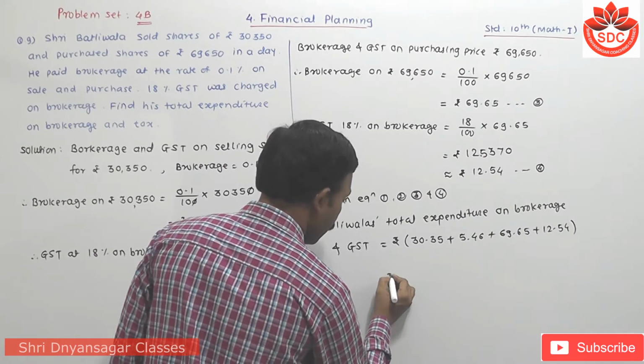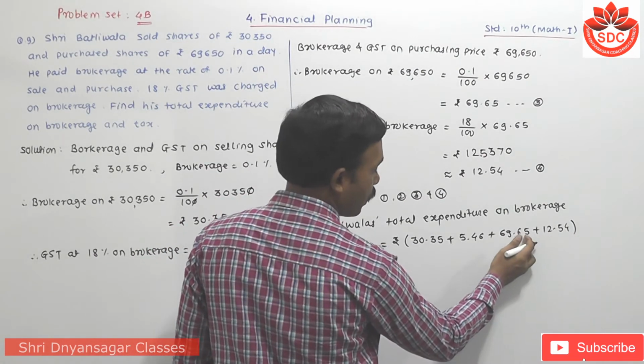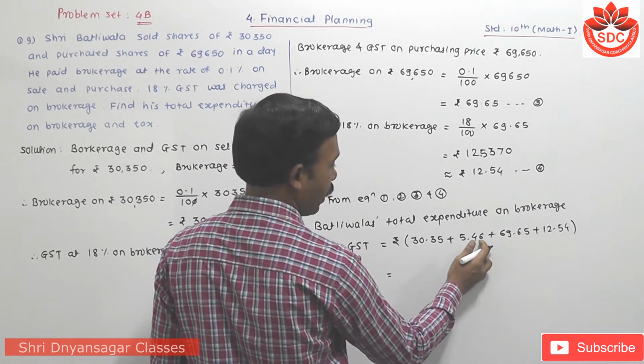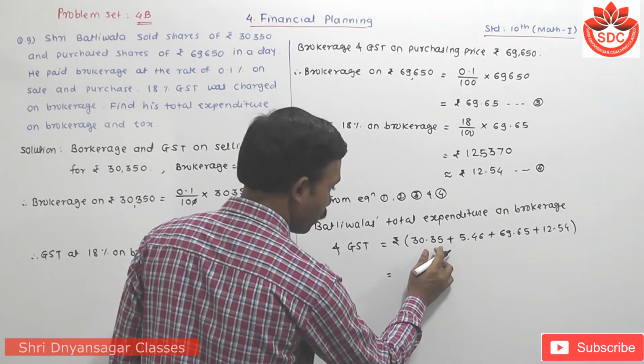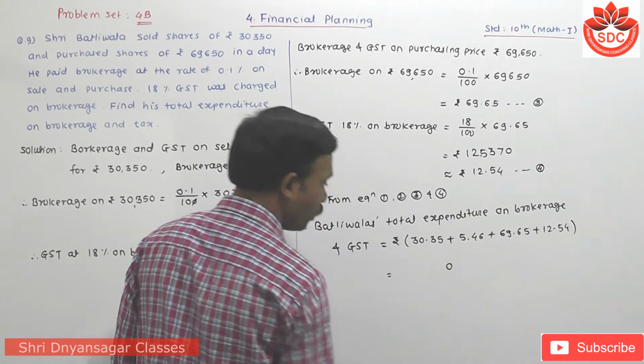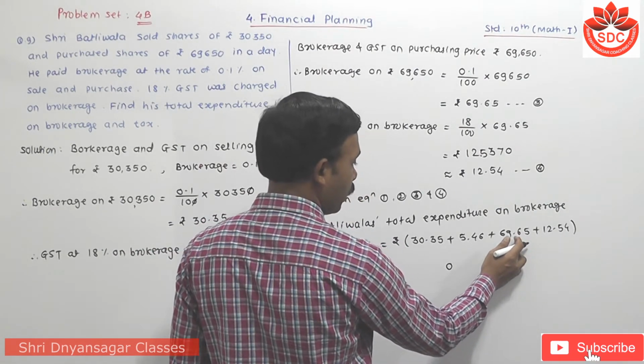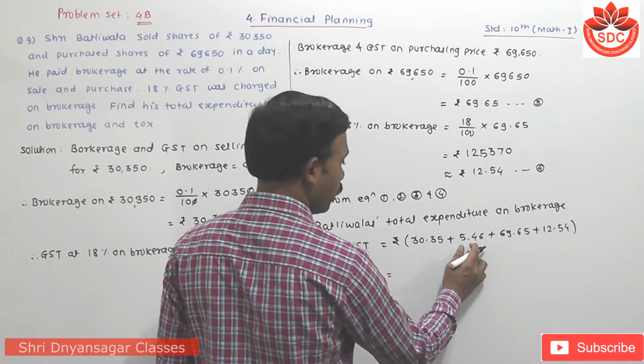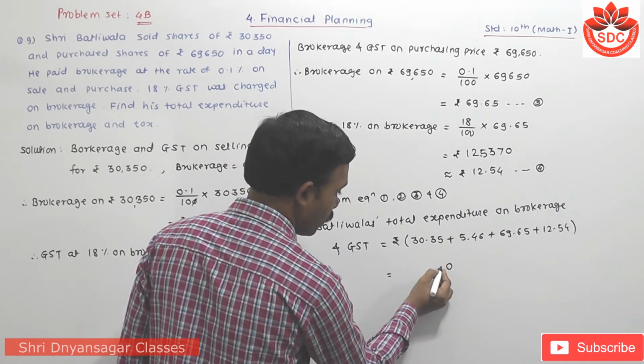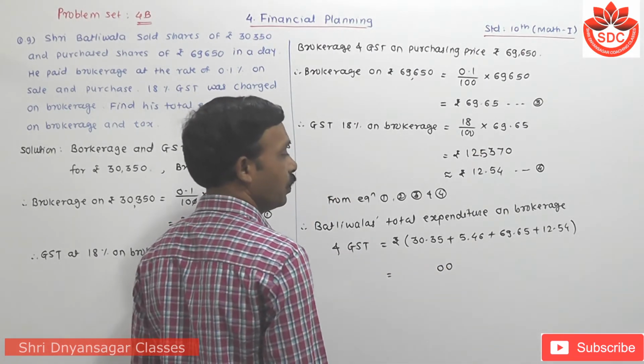We have to add them: 4 plus 5 becomes 9, 9 plus 6 becomes 15, 15 plus 5 becomes 20, carry 2. Then 7 plus this one is 13, 13 plus 4 is 17, 17 plus 3 again 20, carry 2.